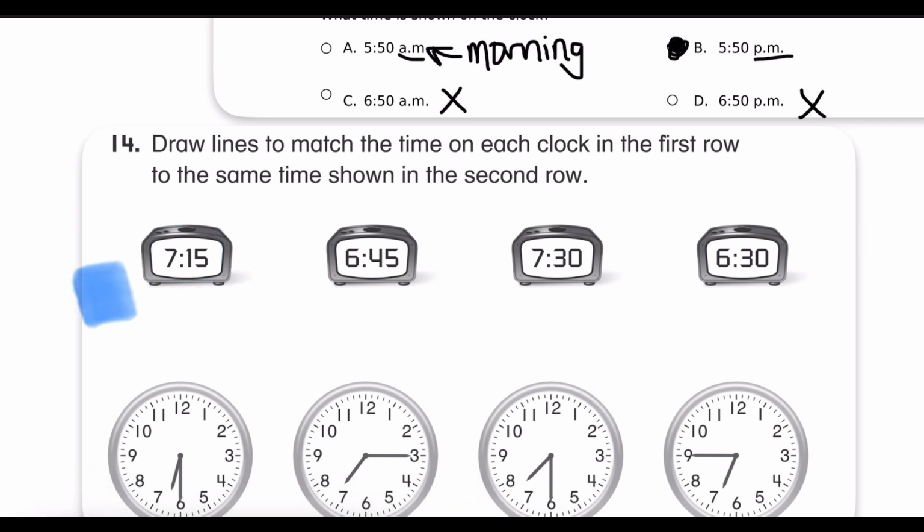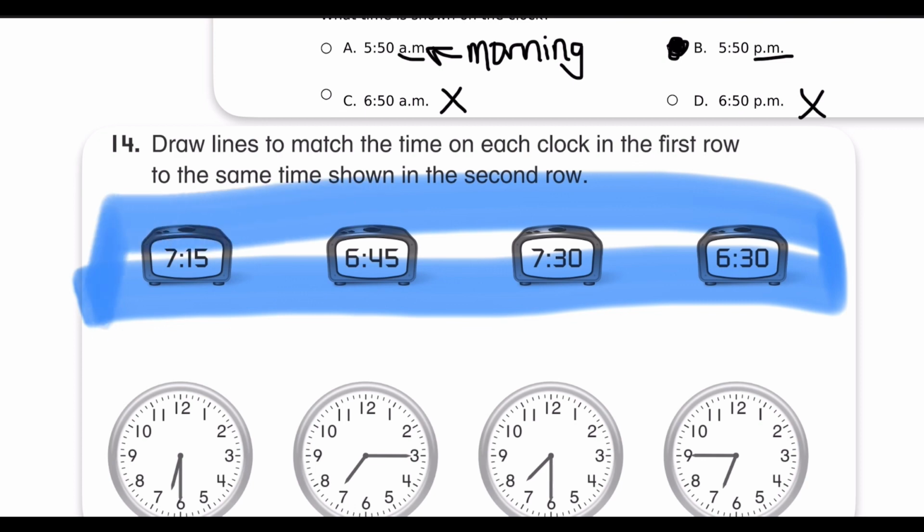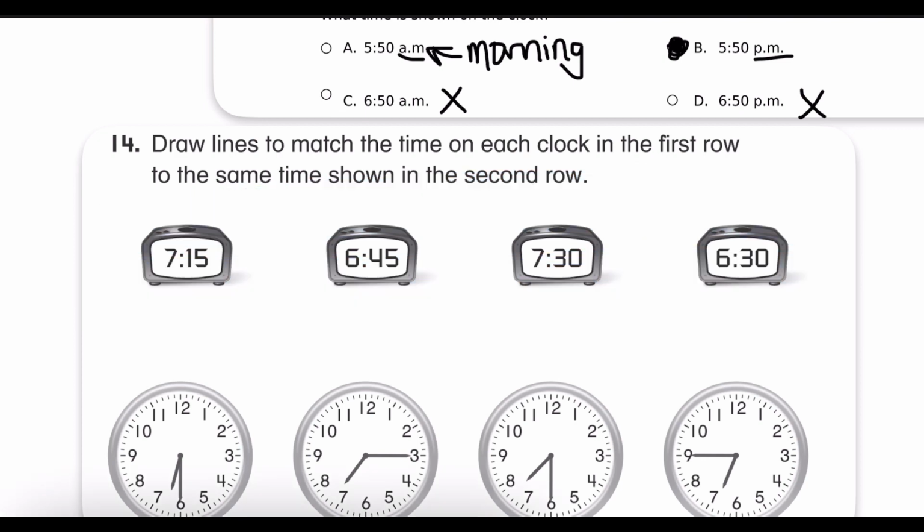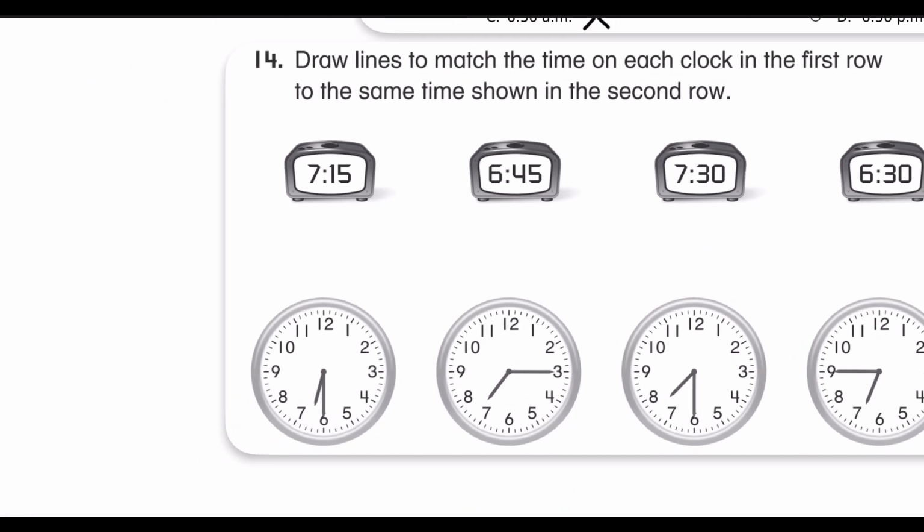And this highlighted area are the digital clocks. We really need to look at the analog clock to see which answer belongs to which. You should probably annotate over these clocks to find out.